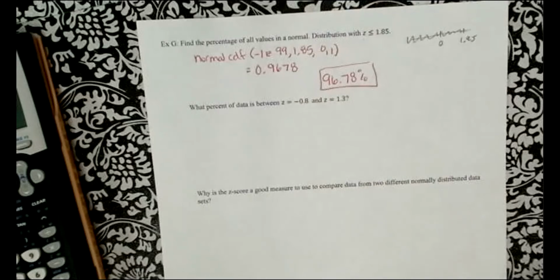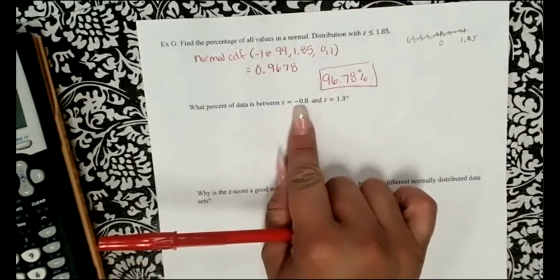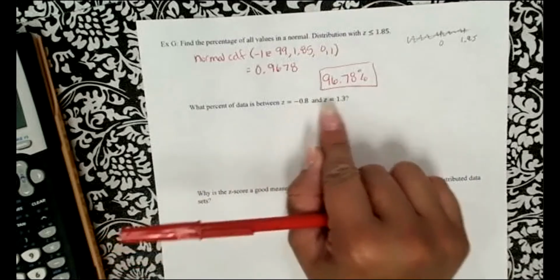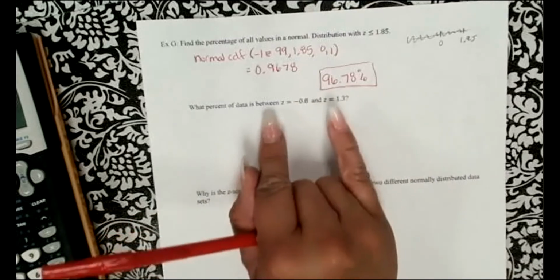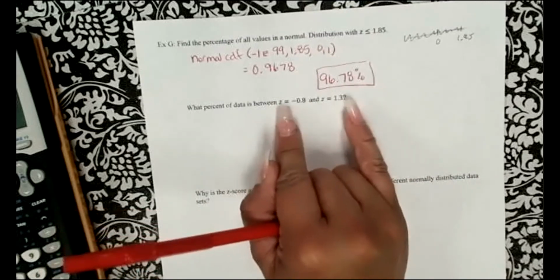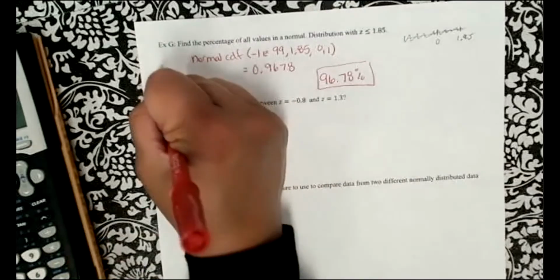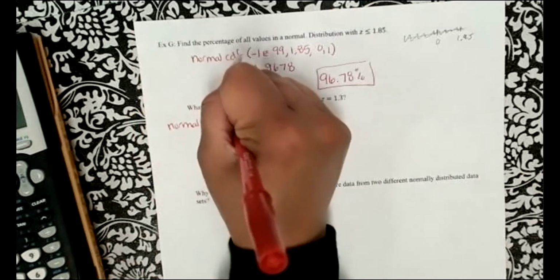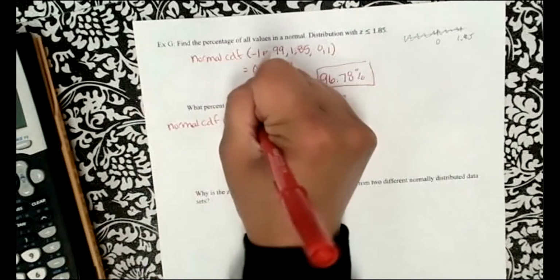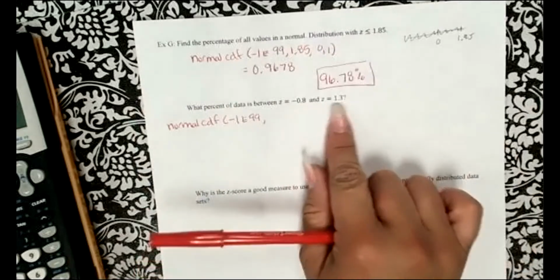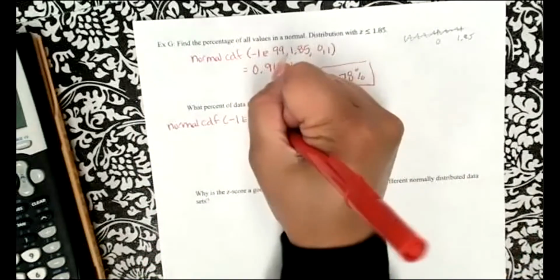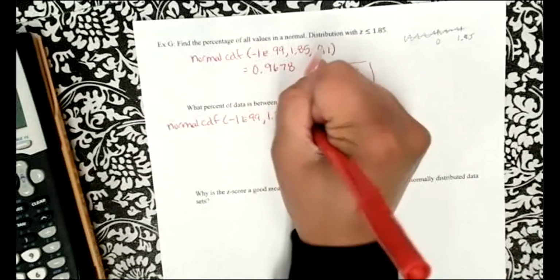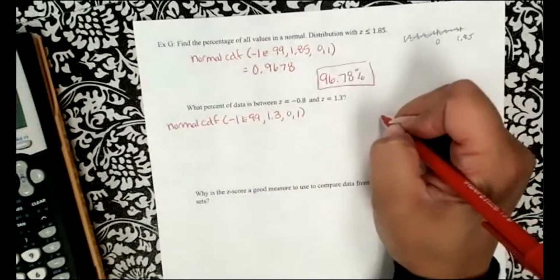Now right here it says, what percent of the data is between negative 0.8 and 1.3? So I'm actually going to have to find out both of these here. So normal CDF. First, I'm going to do the 1.3 because that's the largest. Now think about it.